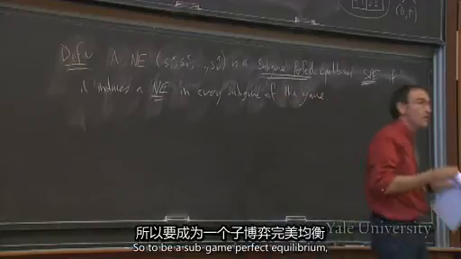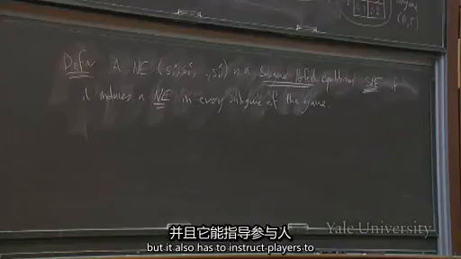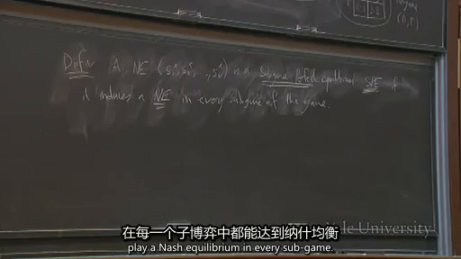All right, so a subgame perfect equilibrium has to itself be a Nash equilibrium, of course, but it also has to instruct players to play a Nash equilibrium in every subgame.